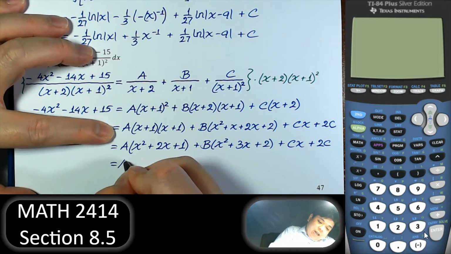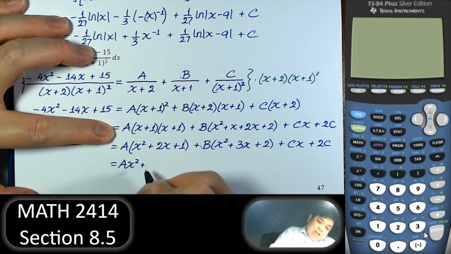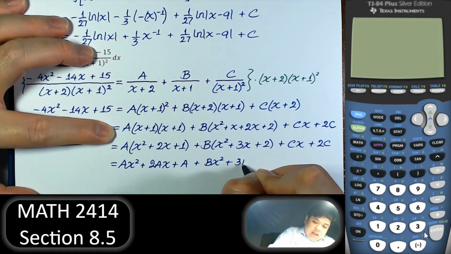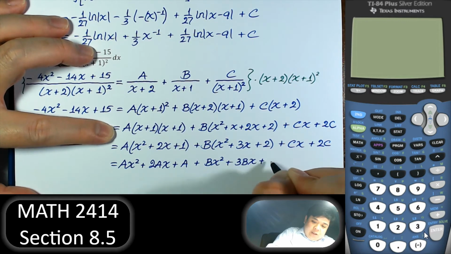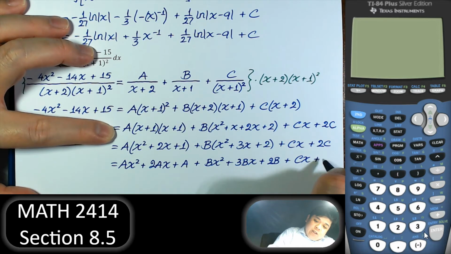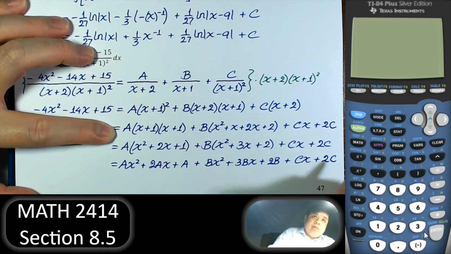Right. So ax squared plus 2ax plus a, bx squared, 3bx, 2b, cx plus 2c. Right.